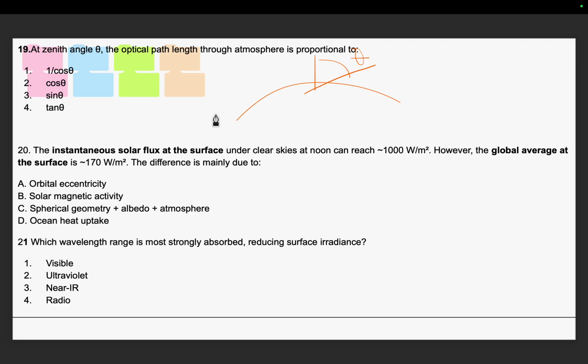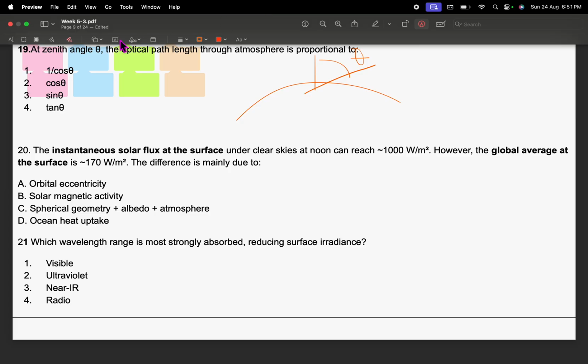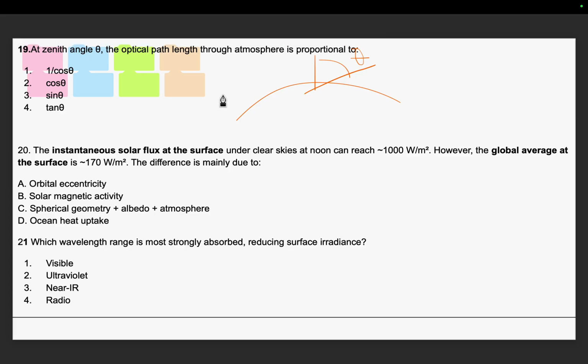So if you draw the atmosphere with the same height, you can see the height of the atmosphere is not the same in the full region, it varies.